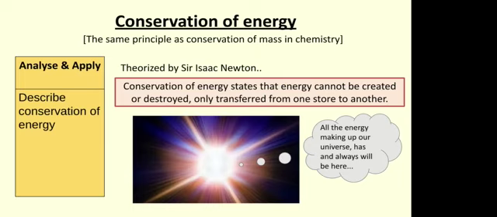Since the start of time with the Big Bang, all of the energy that was in that tiny singularity exploded outwards and has formed the universe as we know it. I just think that is an amazing fact. The reason why that's so important is because it tells us that energy doesn't get created or destroyed. It doesn't come from nowhere. It's transferred from one form to another, from one store to another.